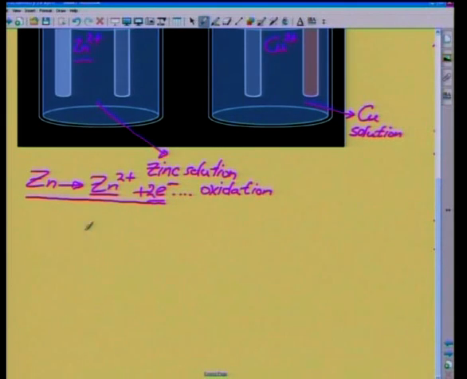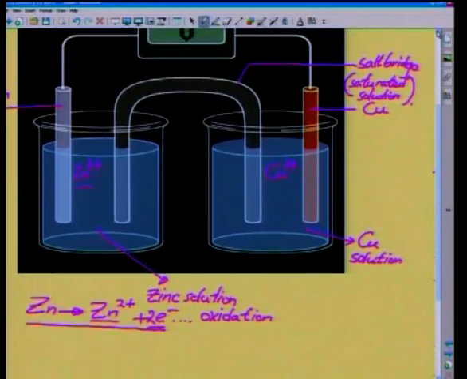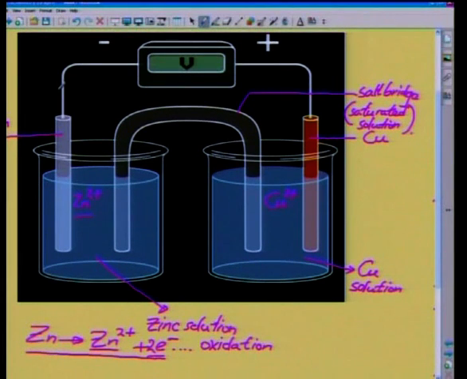And as those electrons are being lost, where do they go? What we see happening here is that we have an electrical conductor up here. The electrons lost by zinc get onto this wire and move in that direction. So that is how the electricity is generated.